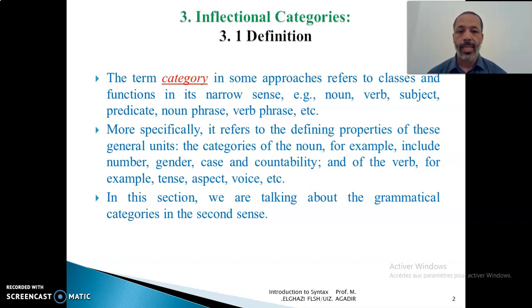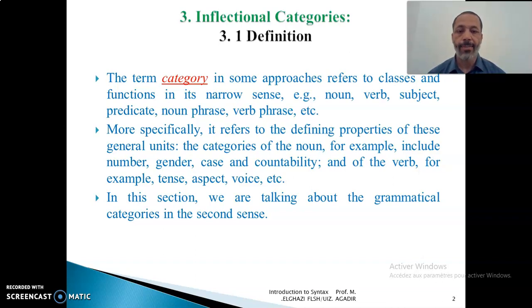So, basically, the term category can be used to refer to two kinds of grammatical classes. The class which includes nouns, verbs, adjectives, and so on, or the class which includes functional categories like prepositions, negative markers, conjunctions, and so on. It can also be used to refer to other kinds of categories which are mostly inflectional.